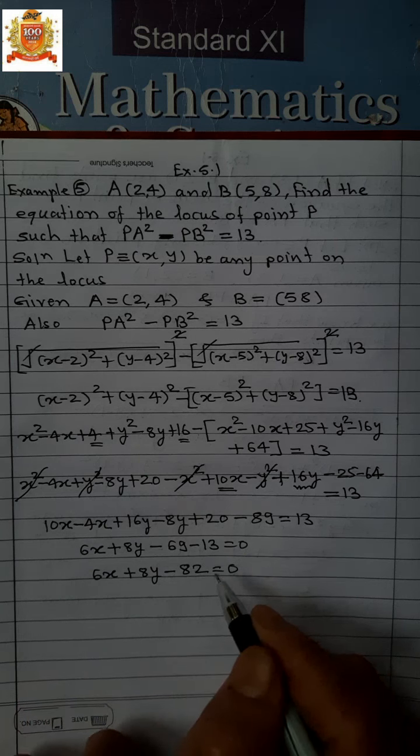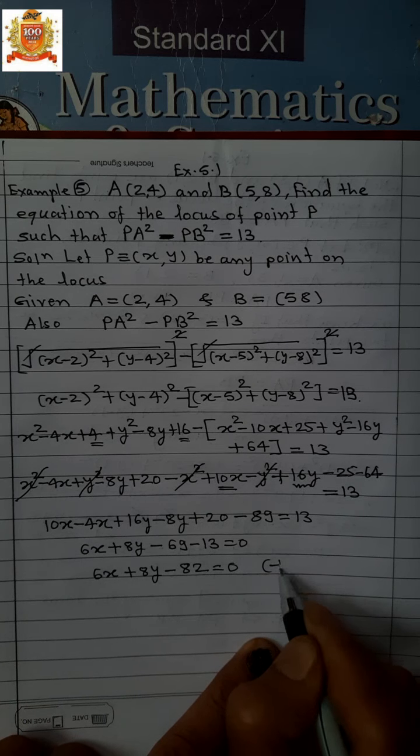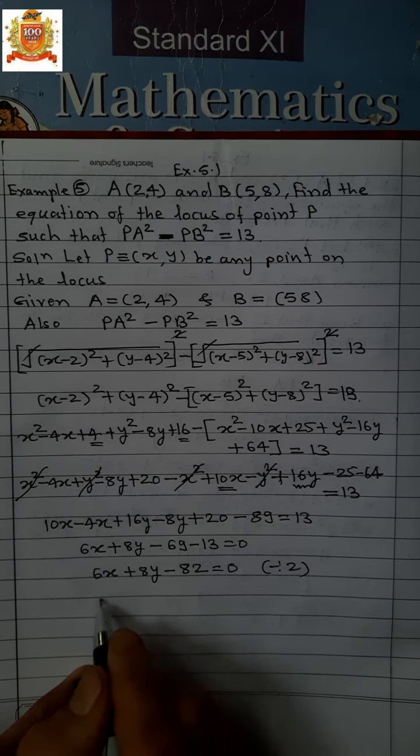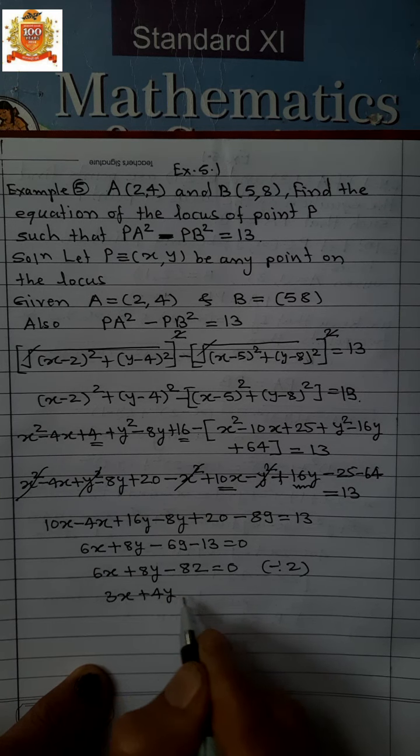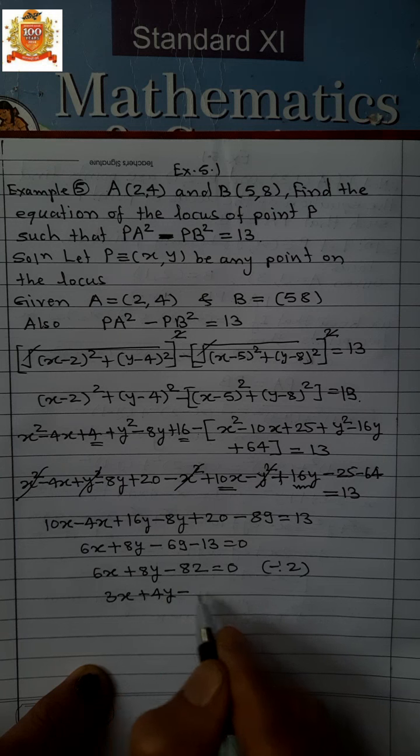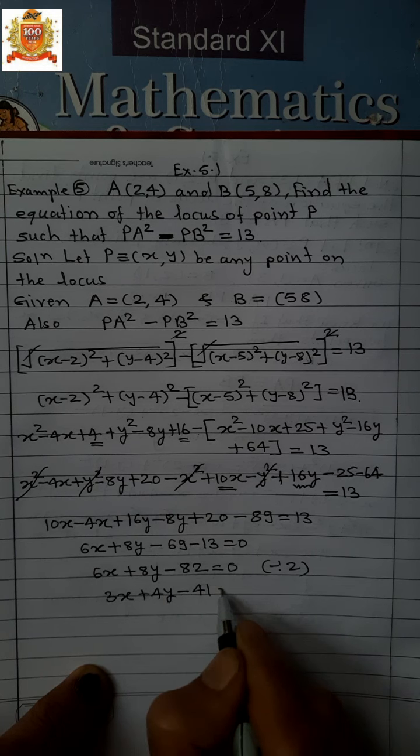Dividing by 2, we get 3x plus 4y minus 41 is equal to 0.